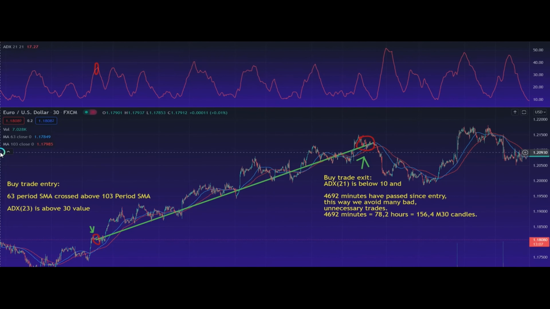I just want to tell you to always use a safety stop loss, because of course if you would just wait for this many hours and the market goes way in the opposite direction, then you will lose a lot of money.